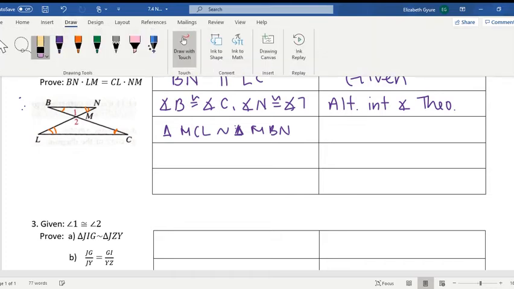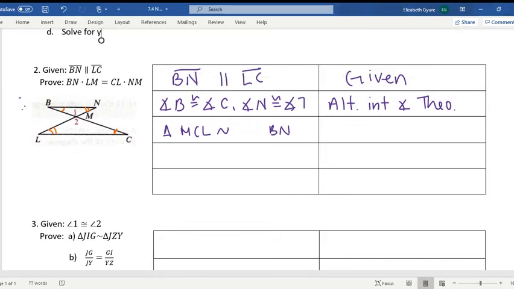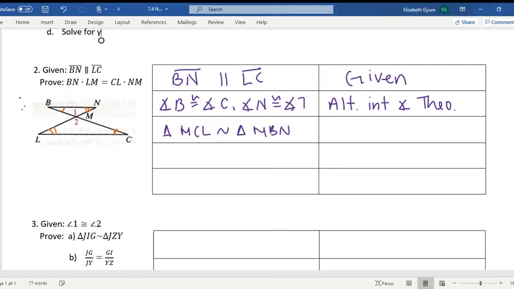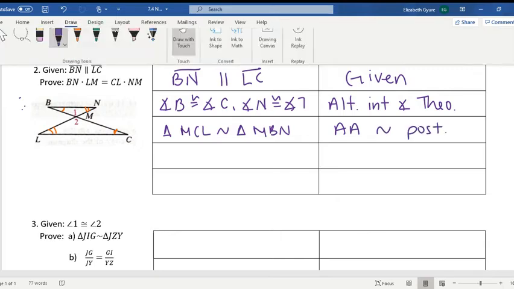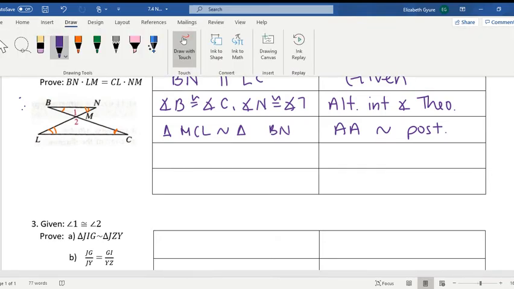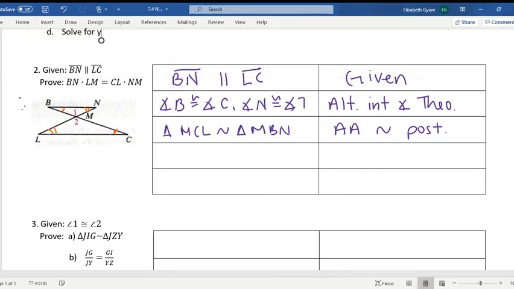Make sure when you name your similar triangles that you are putting your corresponding parts in the proper order. Okay, and then our reason for that would be the angle-angle similarity postulate, and that is a little similarity squiggle, not an N. My similarity squiggles sometimes look like weird little N's.